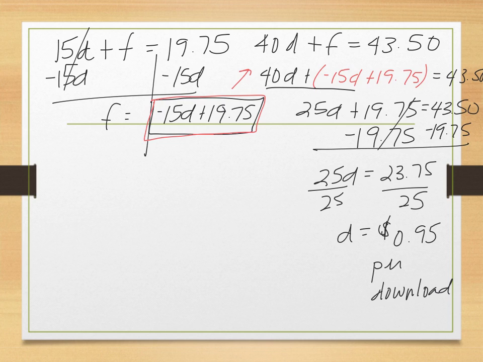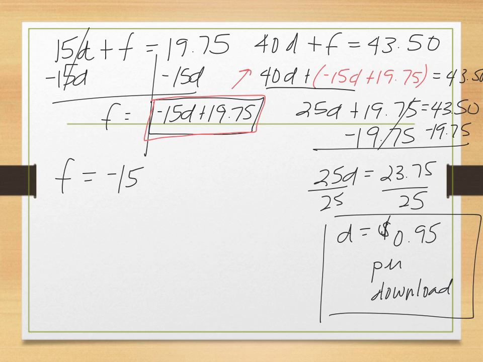Okay, so again, with that information, I would then substitute 95 cents into our first equation to find out what the fee is. So f will equal negative 15 times our download price, which is 95 cents, plus 1975.